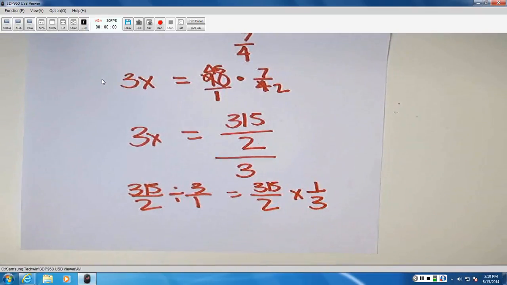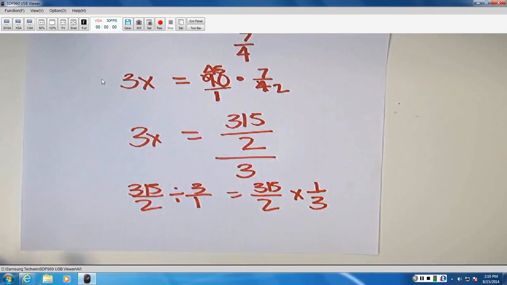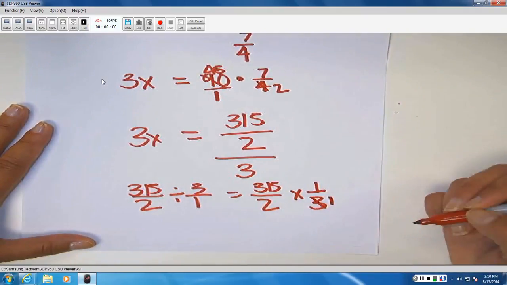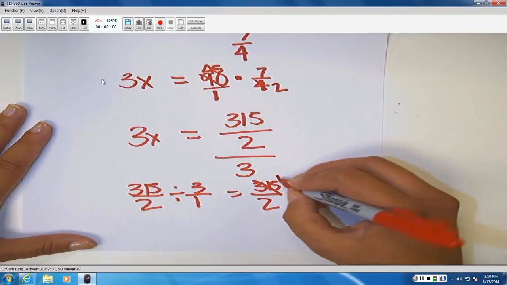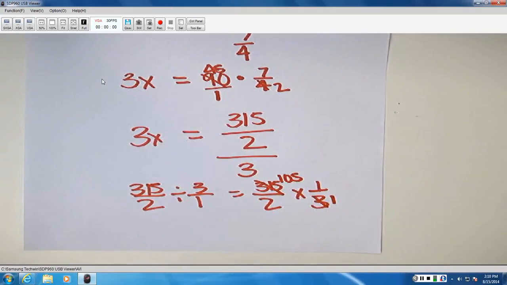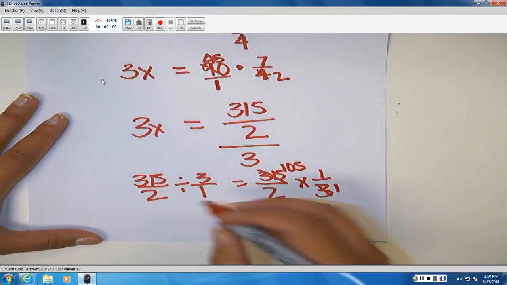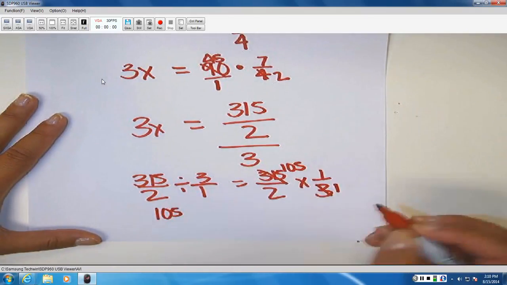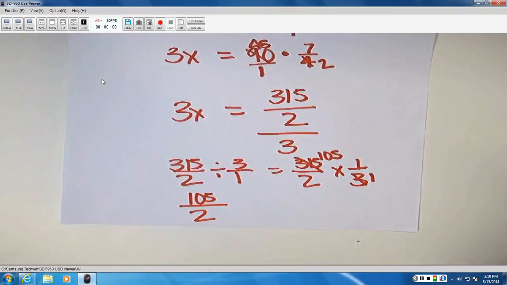Okay. And I'm pretty sure that I can reduce this. 315 divided by 3 is 105. So 3 will go into 3 one time, 3 will go into 315 105 times. And now I'll multiply straight across the board. So I end up with 105 halves. So I'm left with the improper fraction of 105 halves.